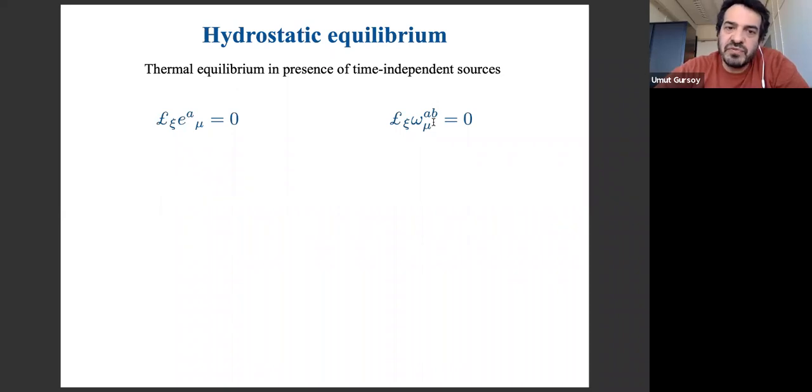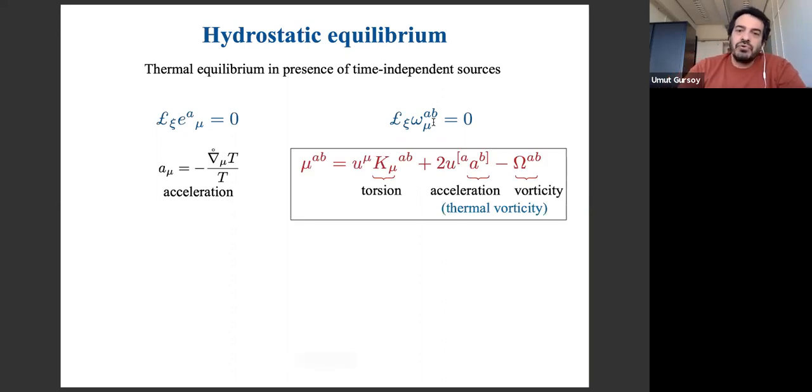So the derivatives of these fields with respect to the Killing vector should be 0. And from these two conditions, you can derive the following equations. This is kind of an answer to your question, Maya. The first thing that you may be familiar with in the absence of spin is, for example, an equation that relates acceleration to the thermal gradient.